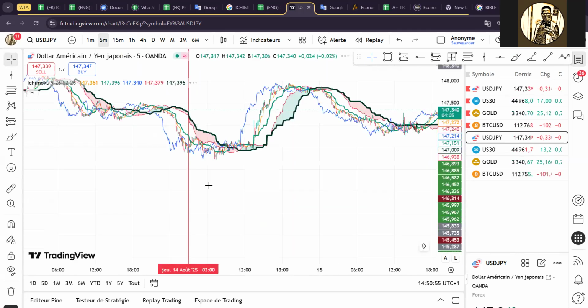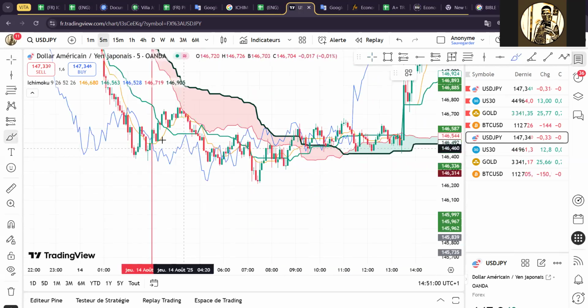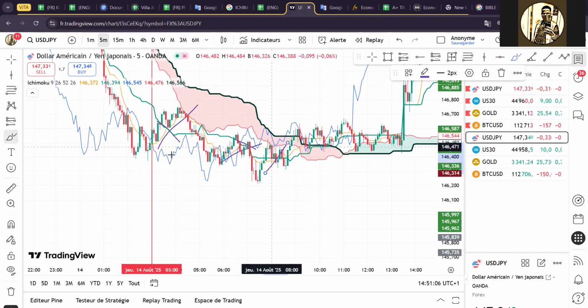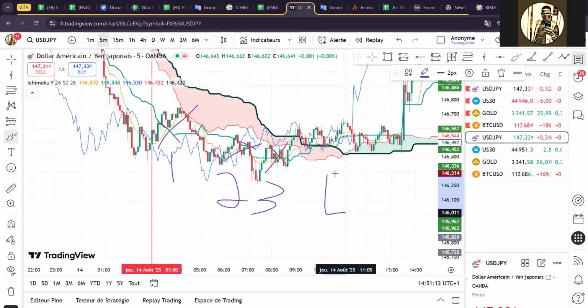What do I see? For this downtrend to stop, the TK cross made 1, then 2 here, then 3. The 1, 2, 3 breaks to sell the air retracement, the 1 hour air retracement.